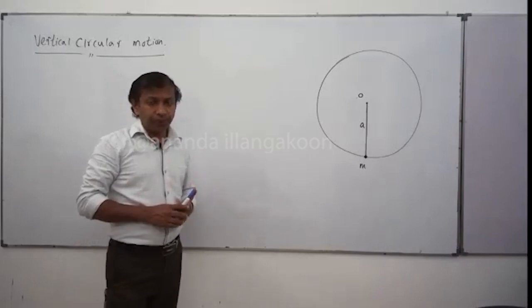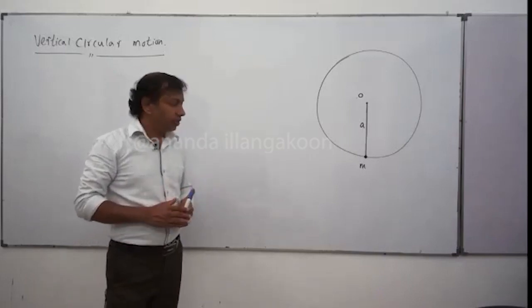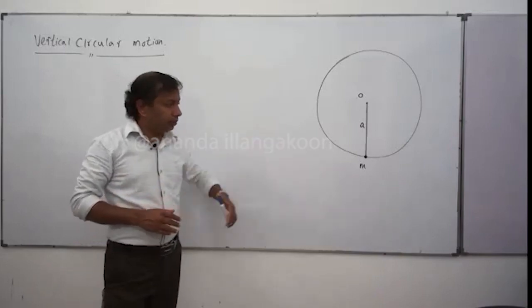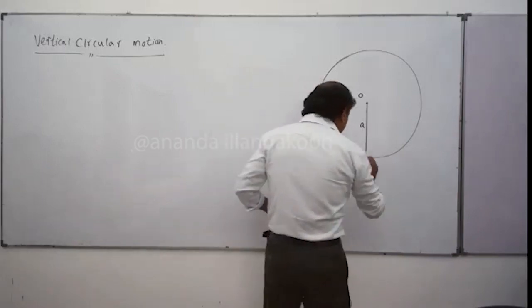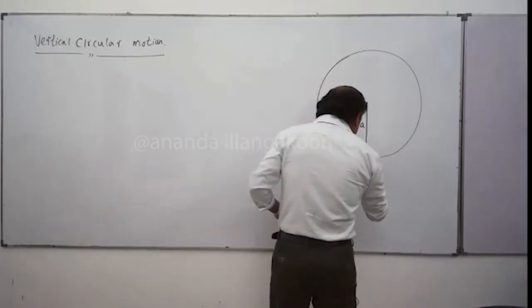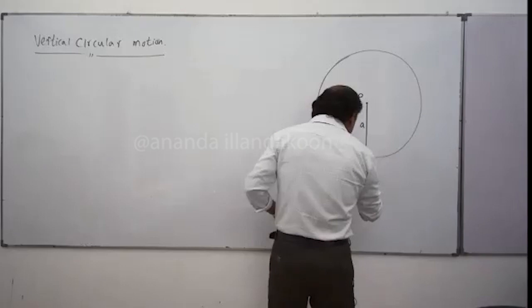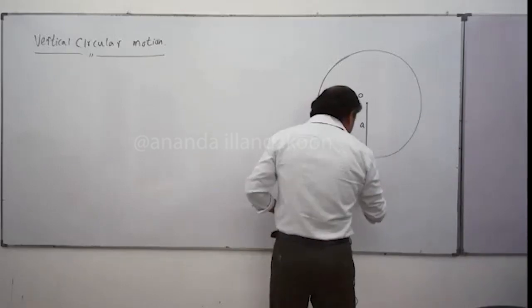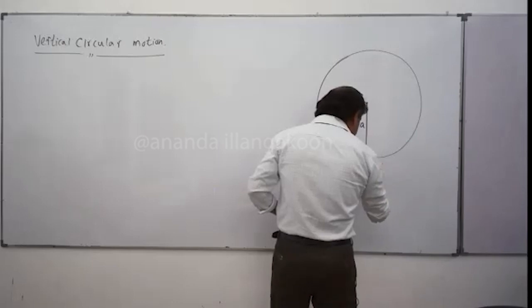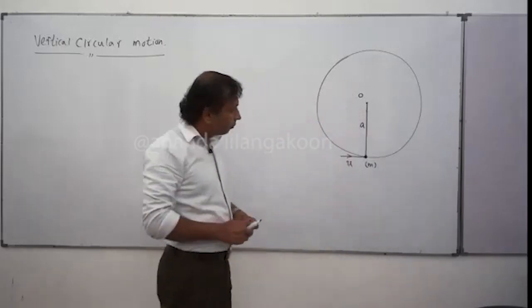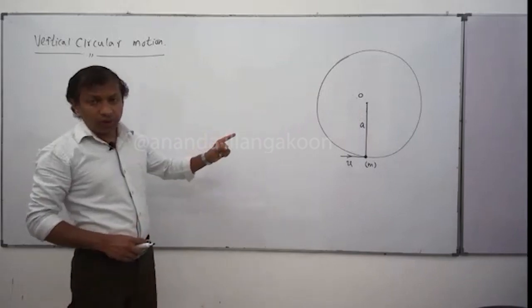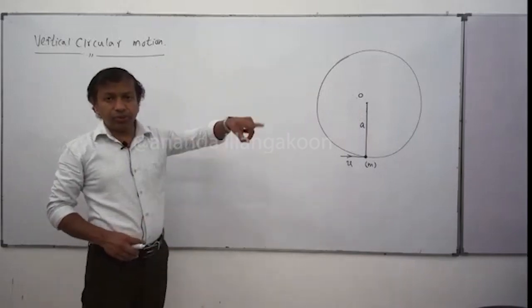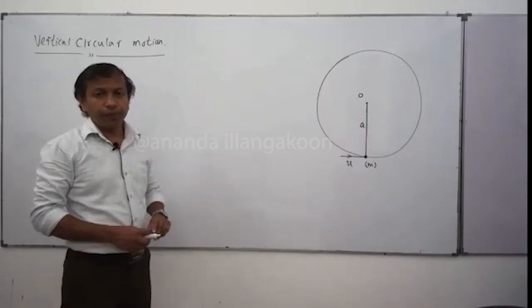Now, while this mass is resting in a vertical line like this, the particle is given a horizontal velocity u. Then the particle begins to move in a vertical circle. In a vertical plane, it moves on a circle like this.